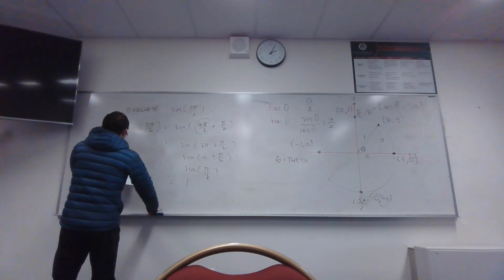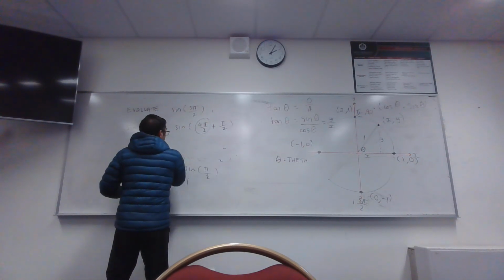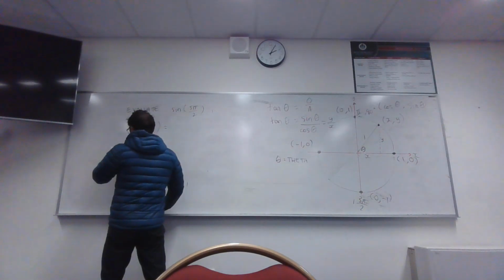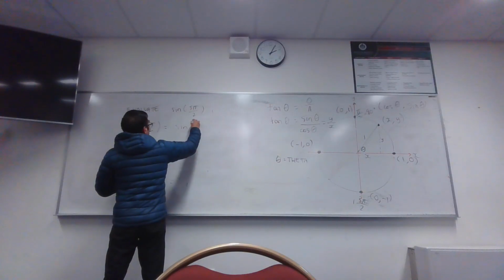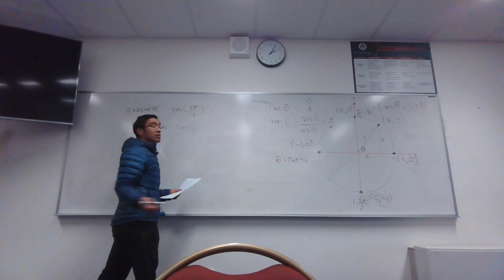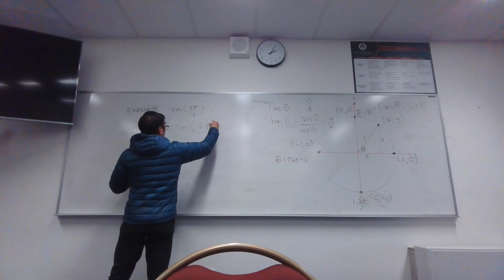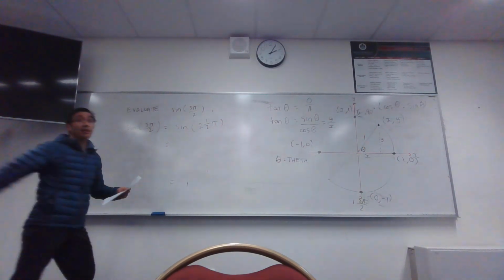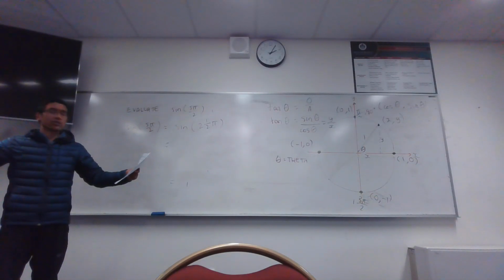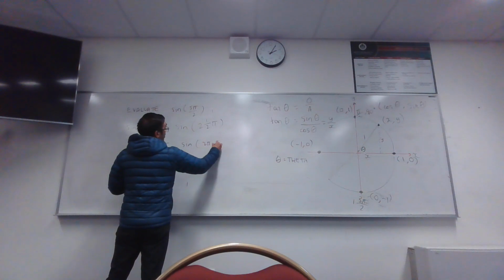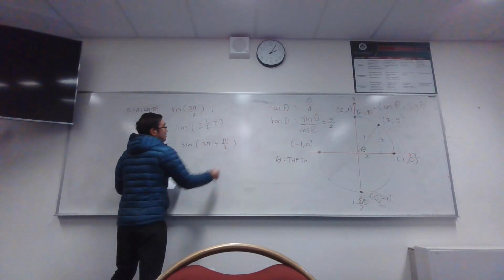Now, as Tim has suggested, we can also go another way. It's really up to you how you want to do it. 5 divided by 2 is 2.5. In the same way, that's sine of 2 pi plus pi on 2.